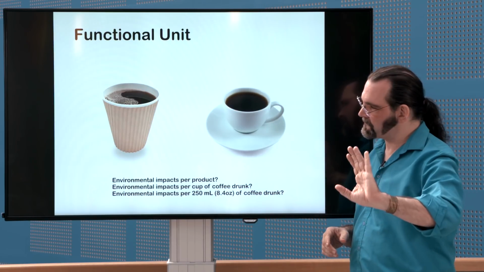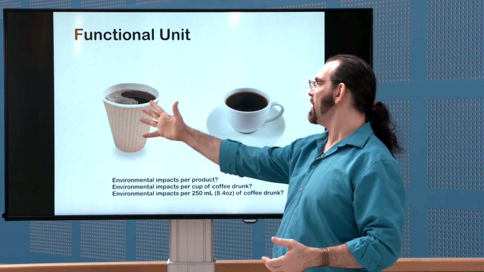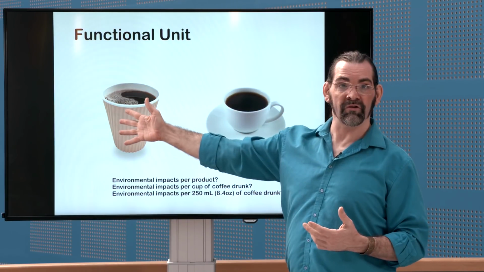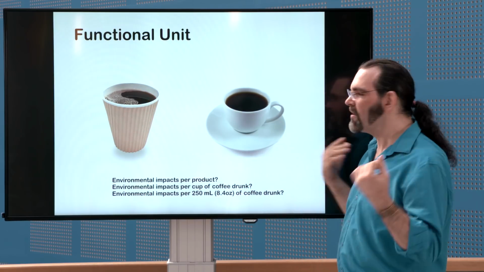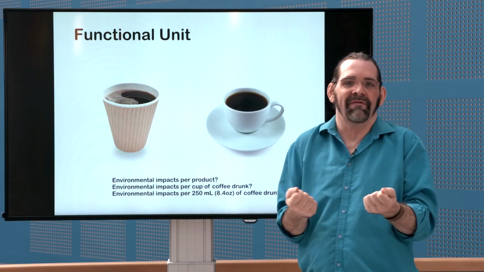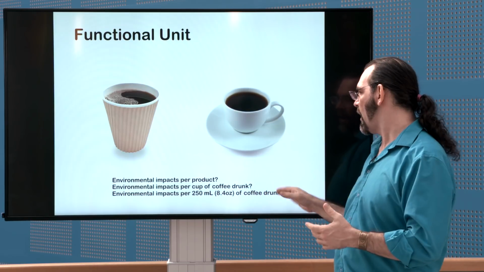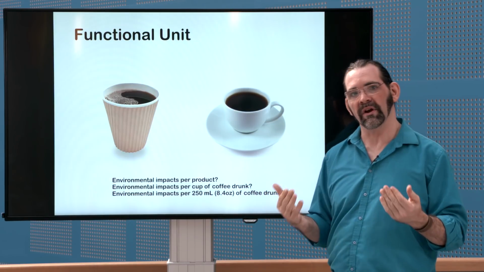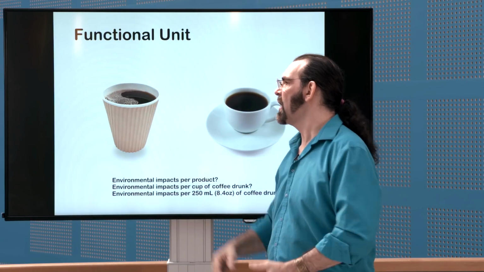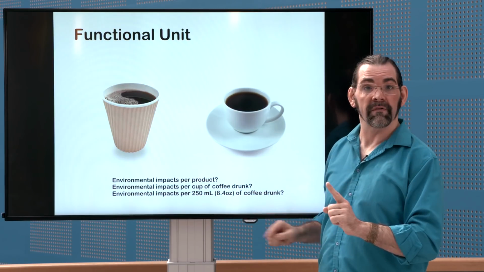But actually, that's not necessarily the perfect unit, because this cup is maybe twice as big as this cup. So you get twice as much coffee per cup here. So if you really want to make a fair comparison, you want to go by something like per serving of coffee. So let's say that's per 250 milliliters or 8.5 ounces of coffee drunk. And then you can say, okay, here were all the environmental impacts of making this cup, and so we get one of those per serving of coffee.